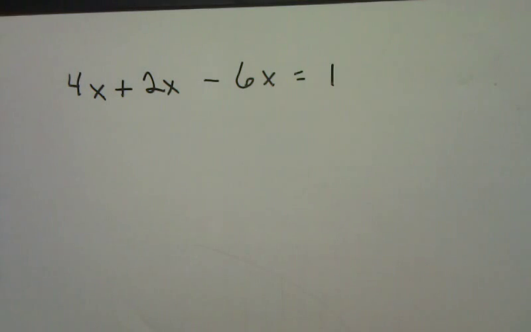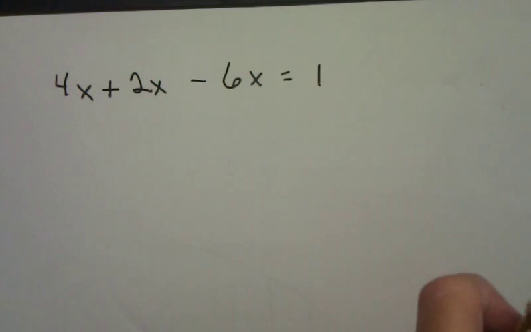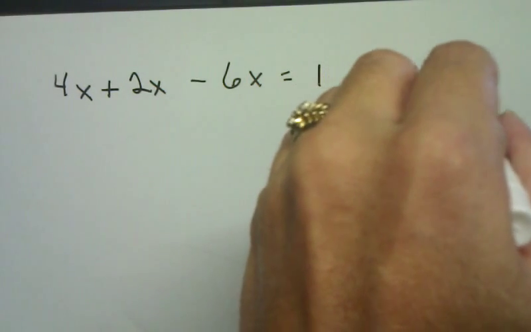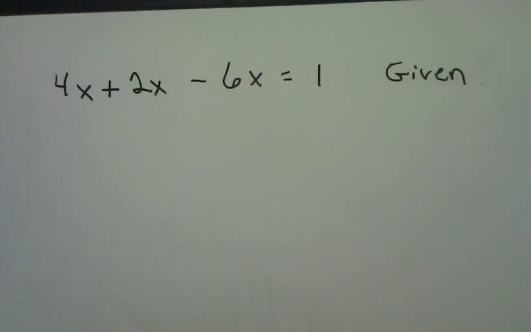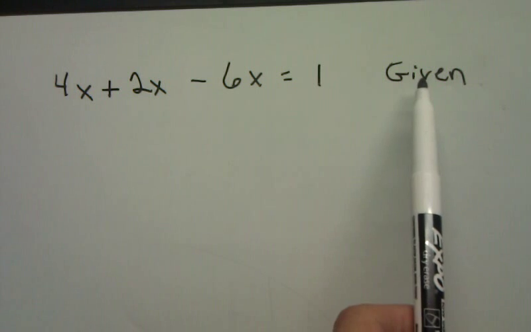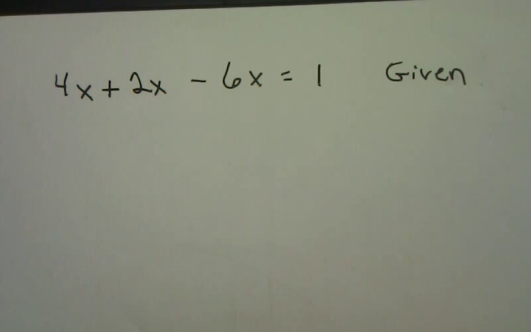Okay? What is my reason? Well, obviously it's given. The answer to the first one is almost always given. So if you have a proof and you don't know the first answer, it's given. That's what it told us to do. Okay? So here we go.